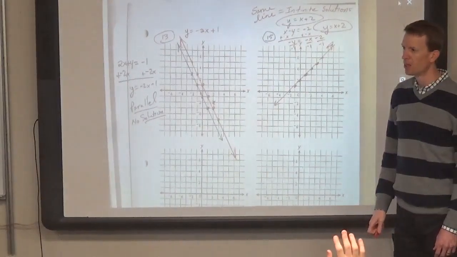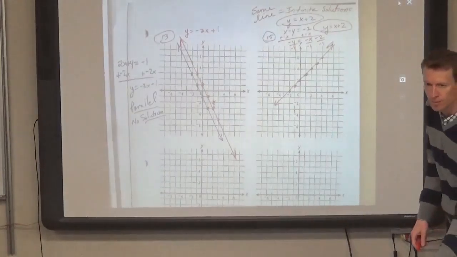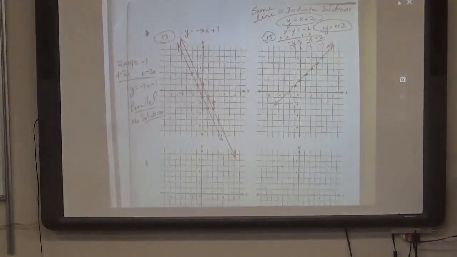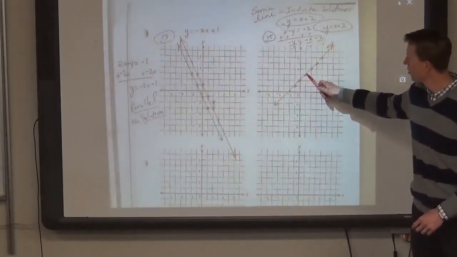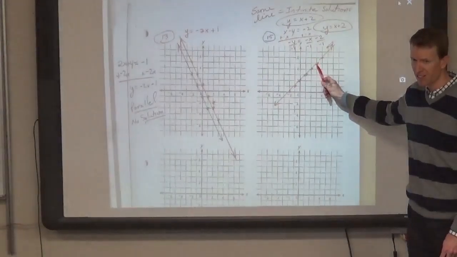Okay? Any questions? Adam? If you put that they both cross at 2. No. They also cross at every other point.